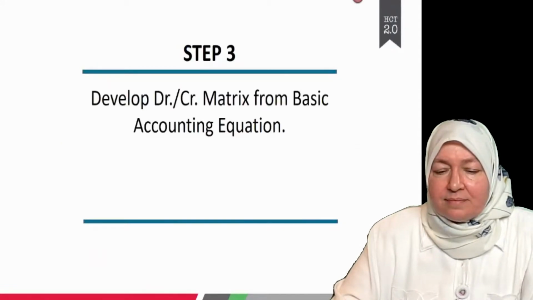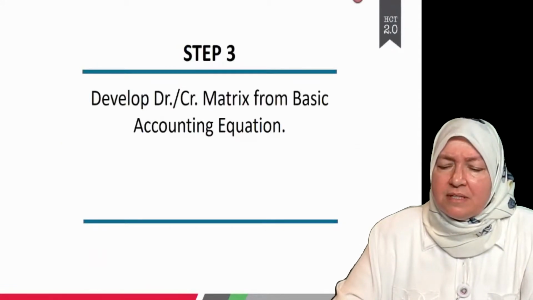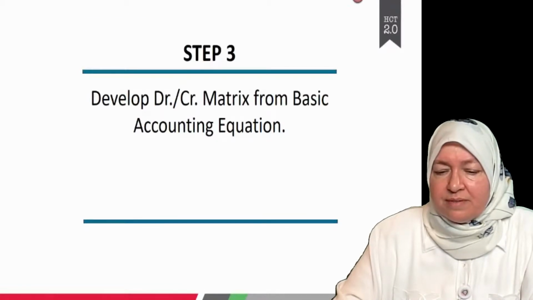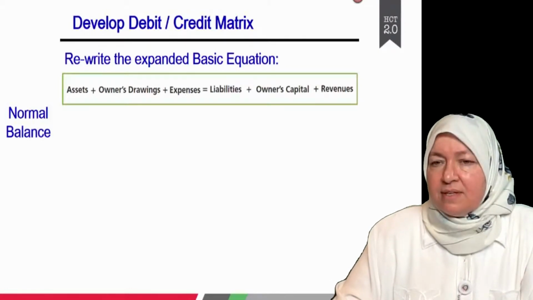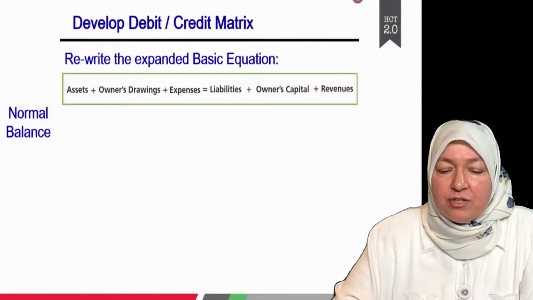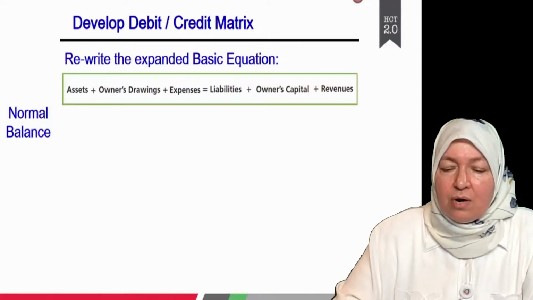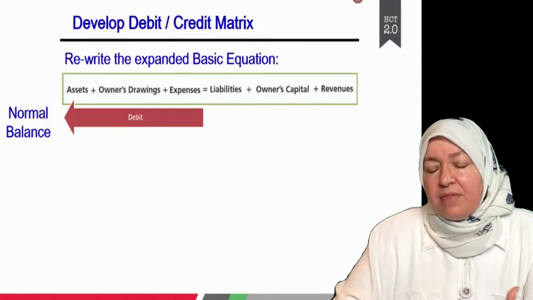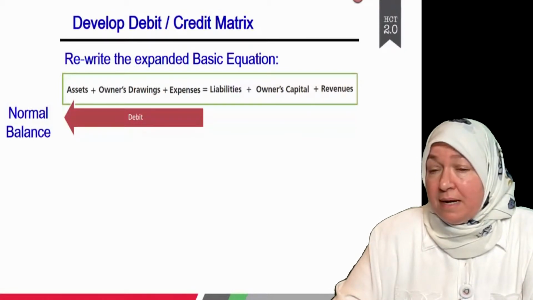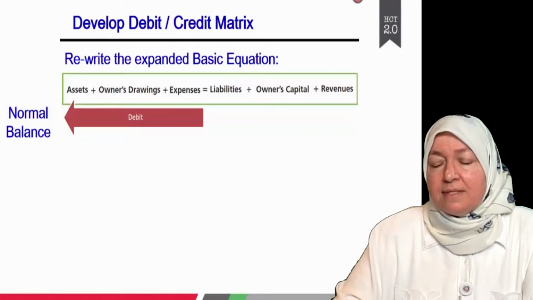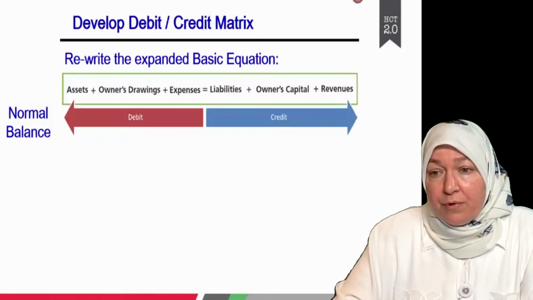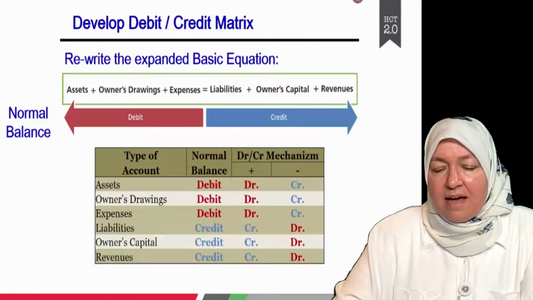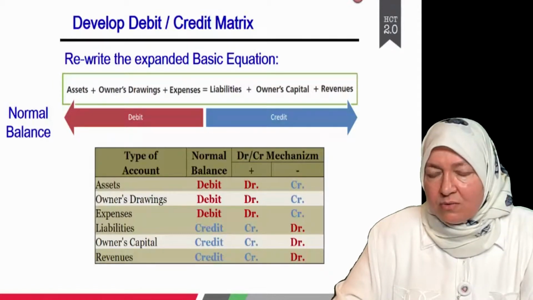Step number 3. We are going to develop the debit and credit matrix from the basic accounting equation. As we explained before in the rewritten basic accounting equation, the normal balance of assets, drawings, and expenses is debit, and the normal balance of liabilities, capital, and revenues is credit. If we put them in a matrix, we have the type of accounts, 6 accounts.